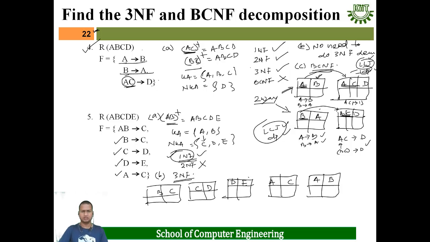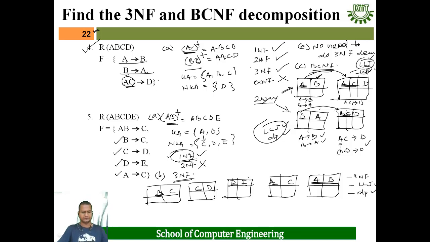Here B will be the primary key, here C will be the primary key, here D will be the primary key, here A will be the primary key, here AB will be the primary key. Understood? Then it is in 3NF, and lossless join property will be satisfied because it is in 3NF, and dependency preservation will be satisfied.